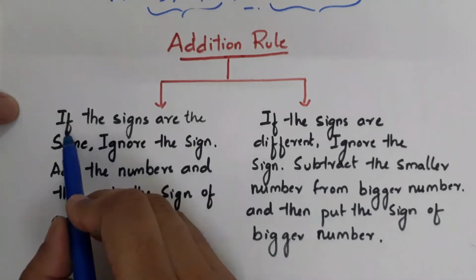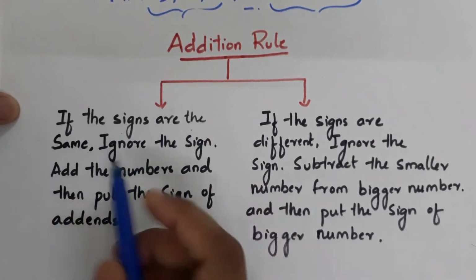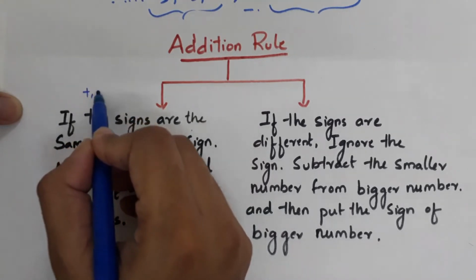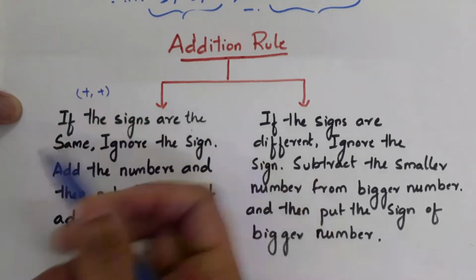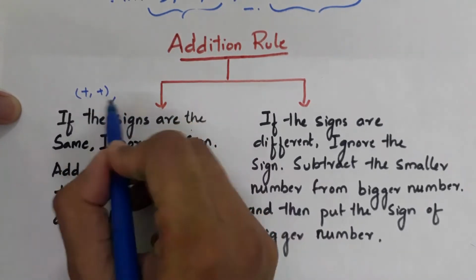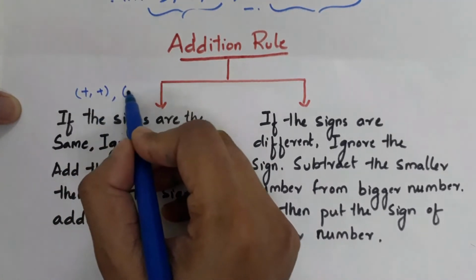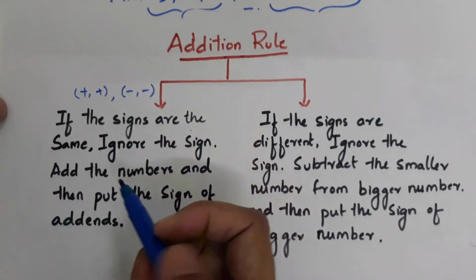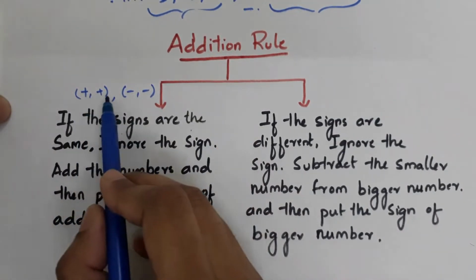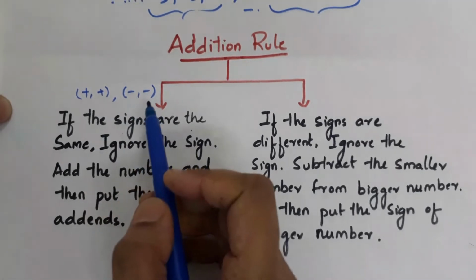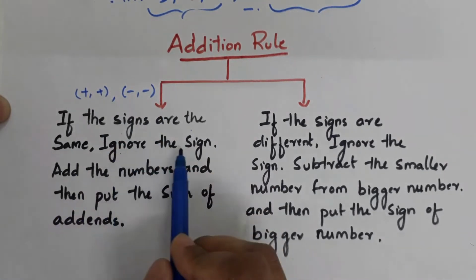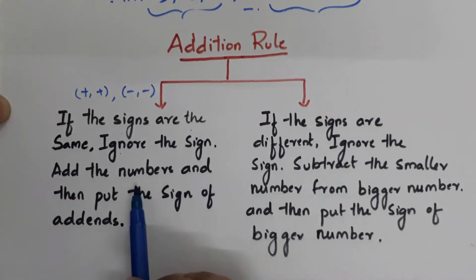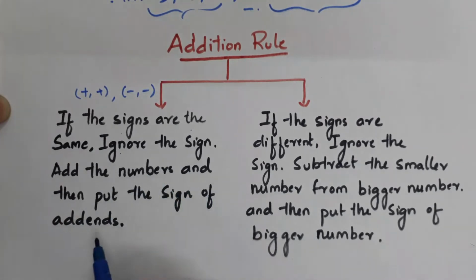First, if the signs are the same, suppose both integers are positive, or both integers are negative, they have the same sign. Then ignore the sign and add the numbers, and put the sign of the addends.